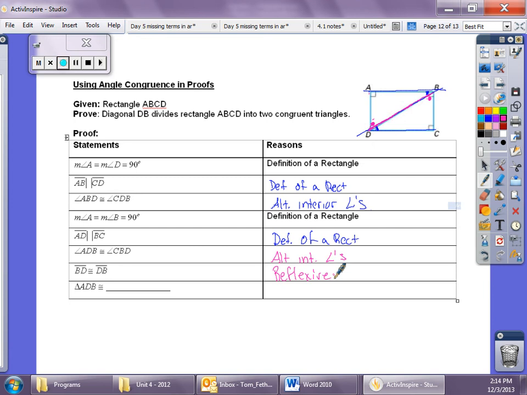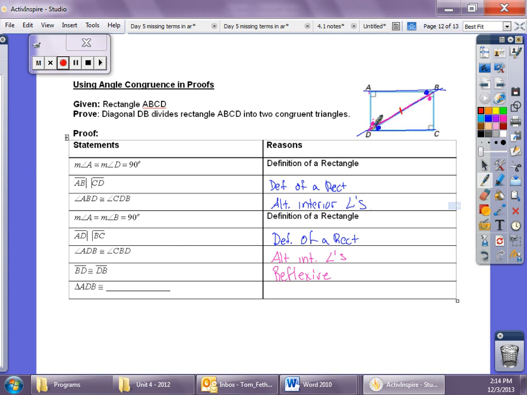So triangle ADB is congruent to what? Well, we have an angle, we have a second angle, and then we have a side. So angle, side, angle.